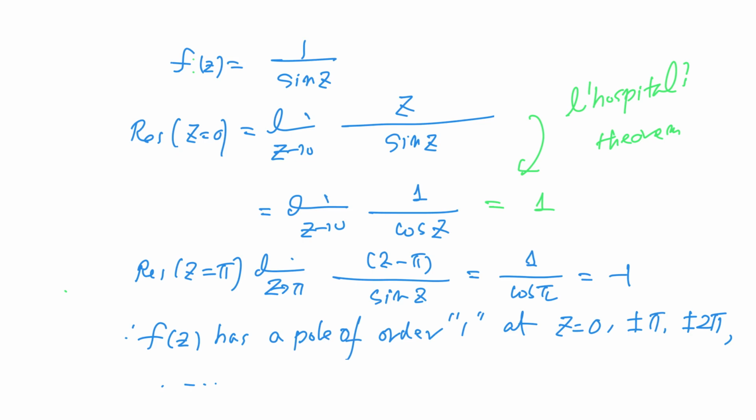Another case of interest is f of z equal to 1 over e to the 2z plus 1. That is one big difference between the real function and the complex function. f of x equal to 1 over e to the x plus 1.